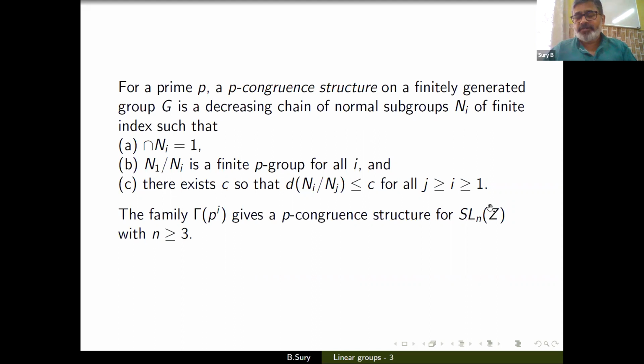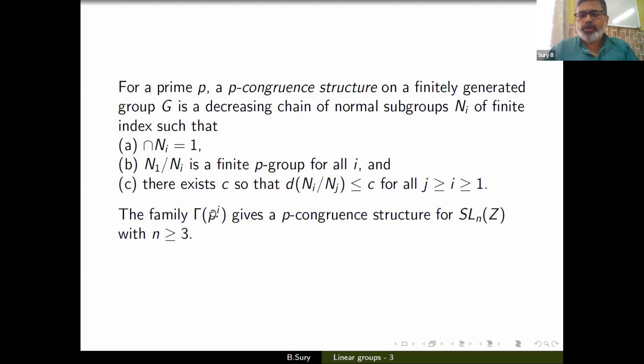Only thing you remember is Z mod P^i Z is not a field, it's some finite ring. But nevertheless, you can consider n by n matrices with entries from that ring, whose determinant is 1. So there is a group homomorphism from SL_n(Z) to SL_n(Z mod P^i), which you can easily show to be onto, and its kernel is gamma P^i.